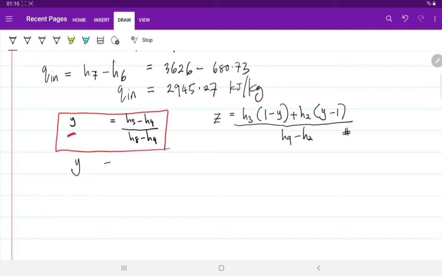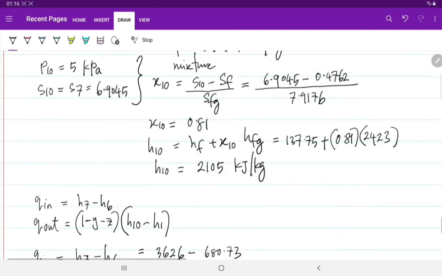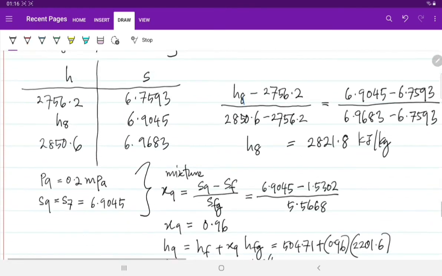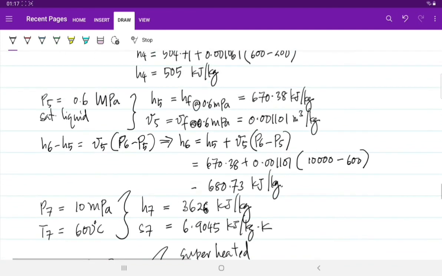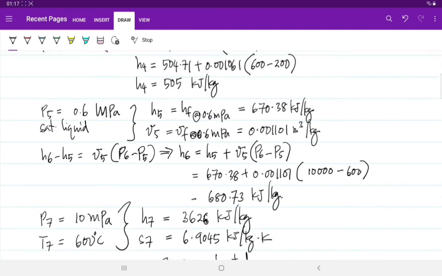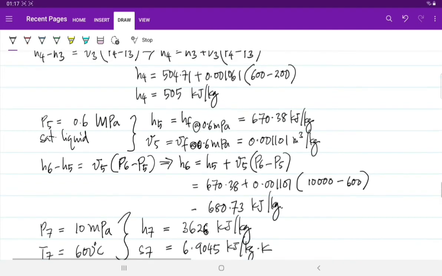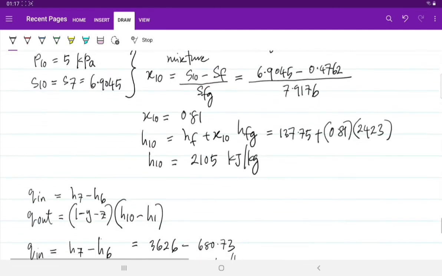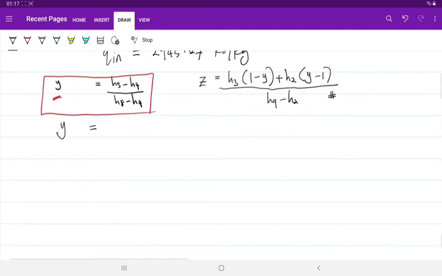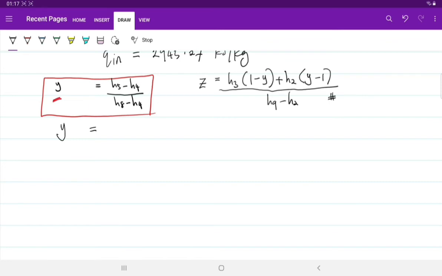So you can substitute the numbers. H5 is 670.38.